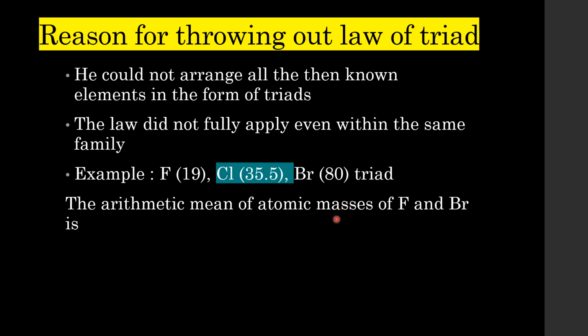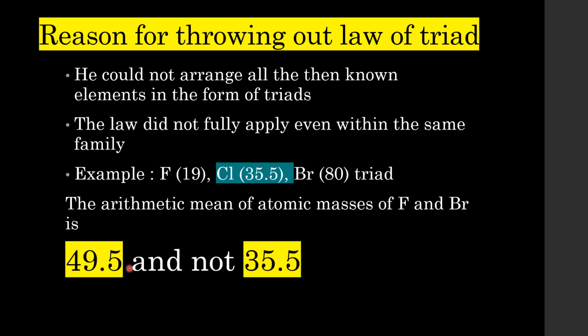But when you do, you will get 49.5, not 35.5, which is not at all approximately equal. A large difference is there. So these are the reasons why the law of triads is not used today.